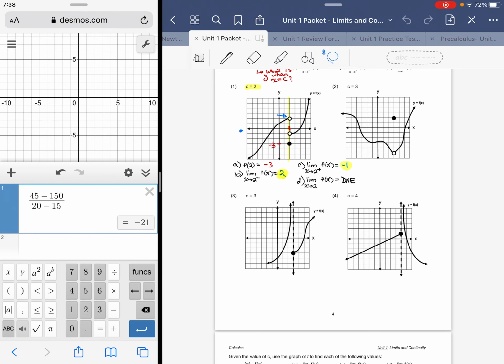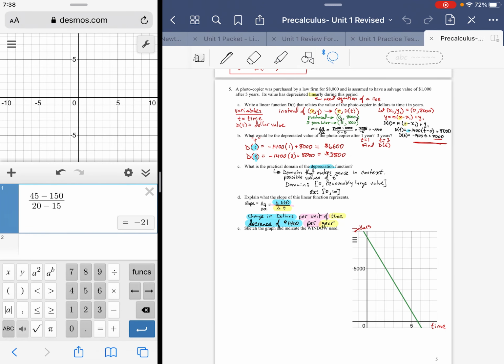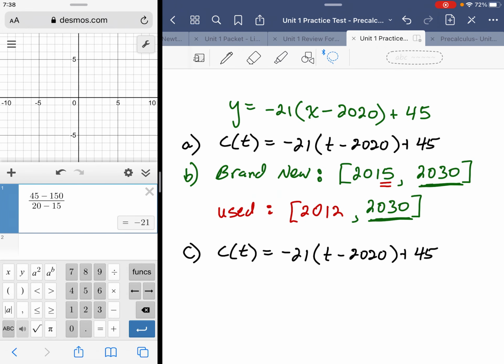Where am I? That's the unit notes. Okay, we got back there eventually. So C of 2024. So negative 21, and then replace the t with that 2024.